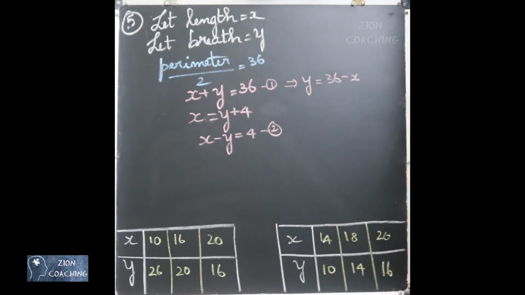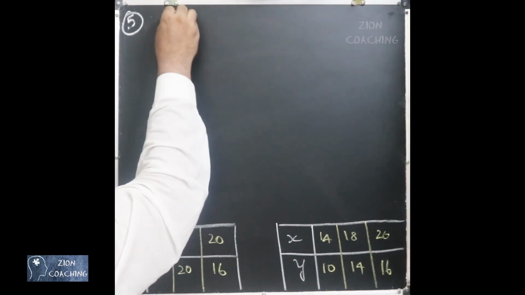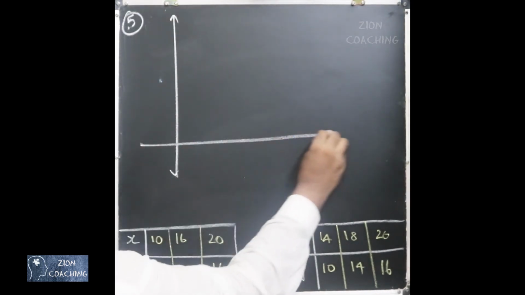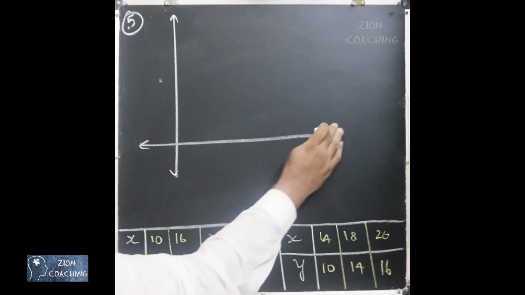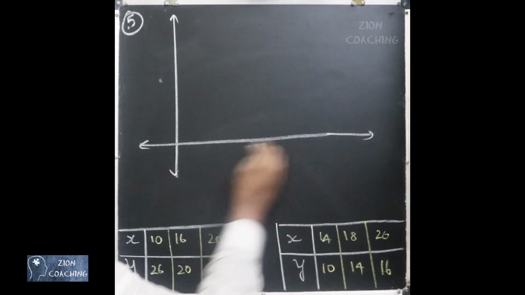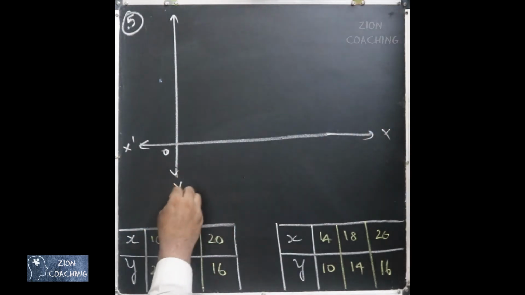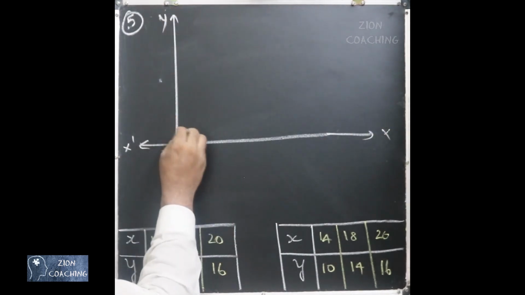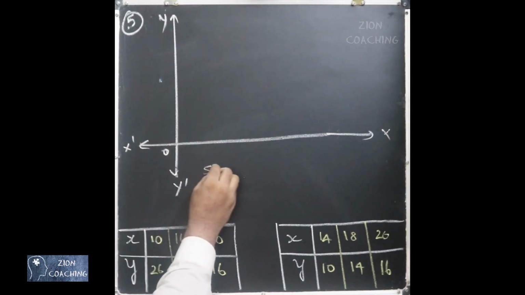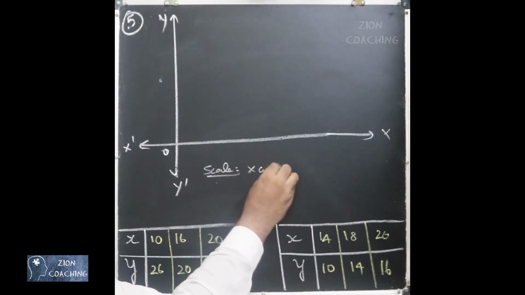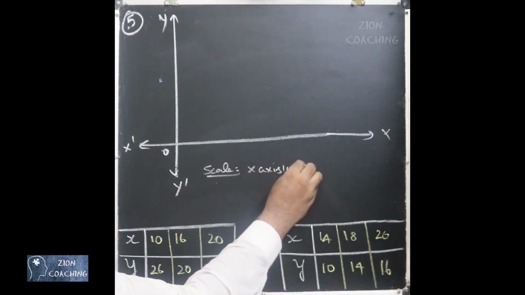Now we are going to draw the graph. Since we are having only positive values, I am going to take only the first quadrant. So my scale is going to be, I will take x axis 1 centimeter equal to 2 units.